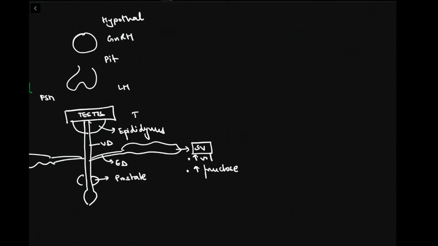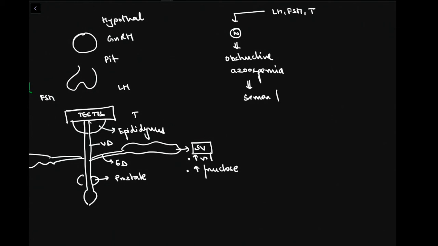Now, if LH, FSH, and testosterone are all normal, it means that there is obstructive azoospermia. So, we then check serum fructose levels.